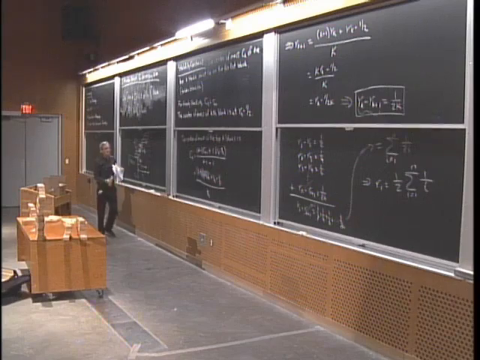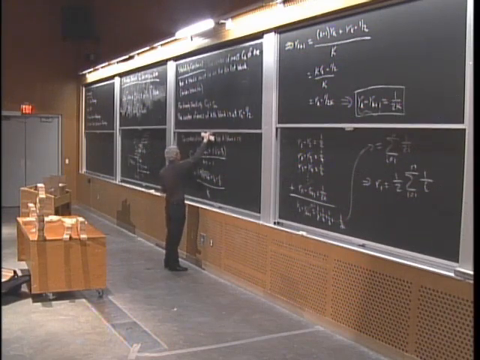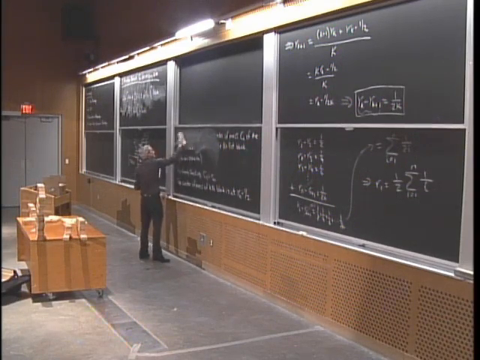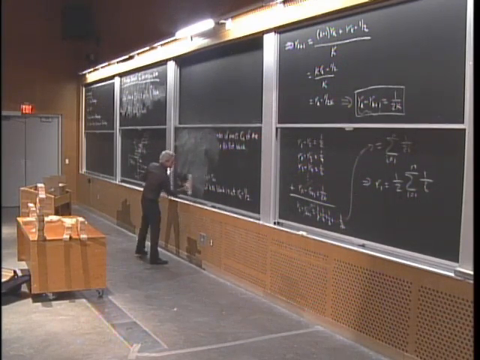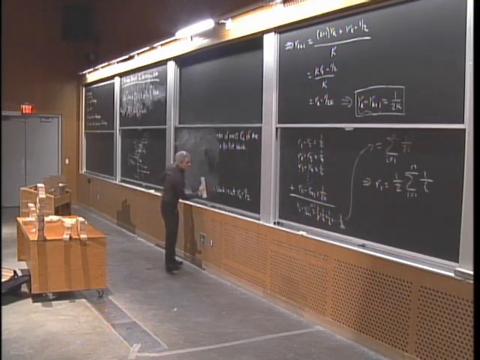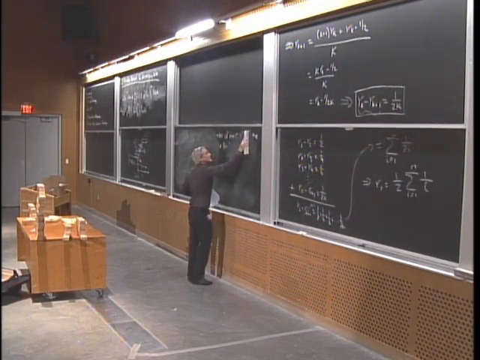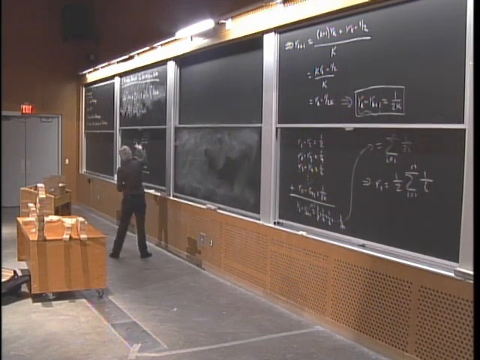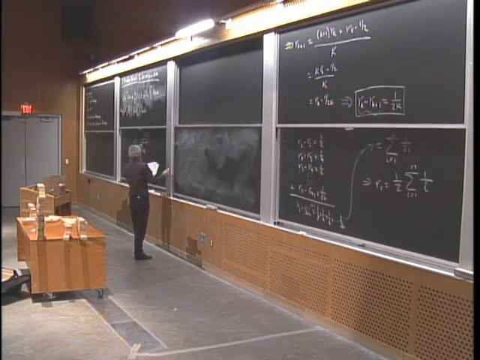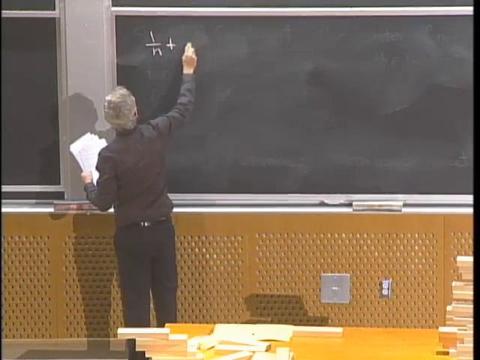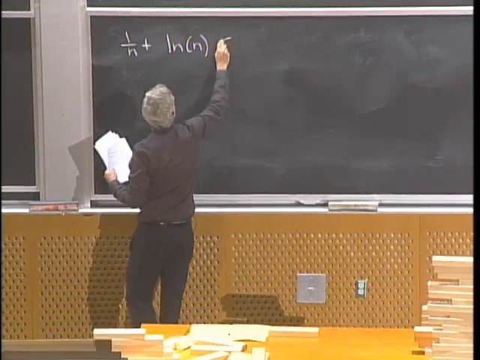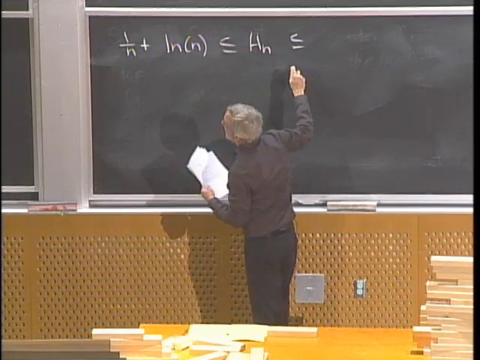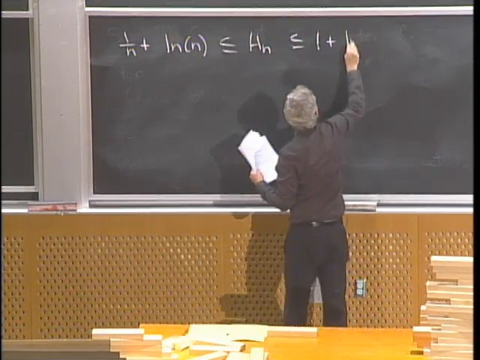Plugging into the bounds, f of n is 1 over n plus the integral, log of n, is less than or equal to the nth harmonic number, and it's upper bounded by f of 1, which is 1, plus the integral.